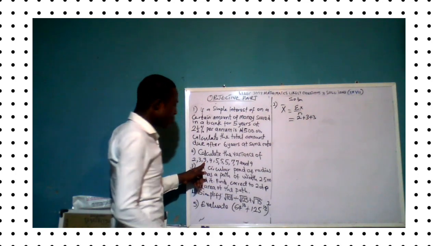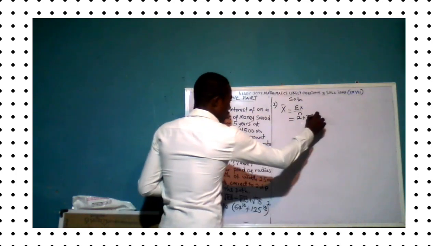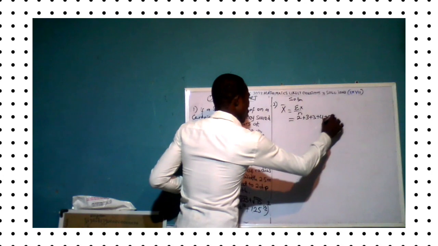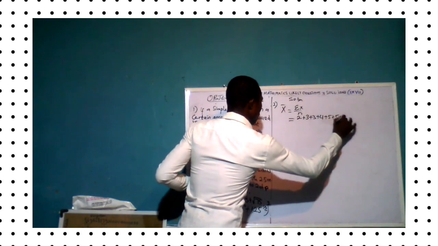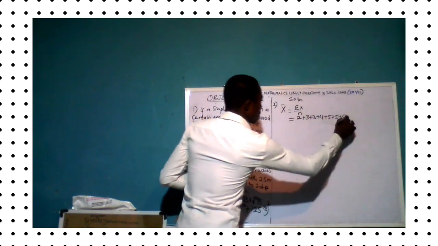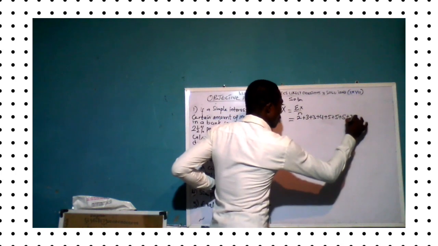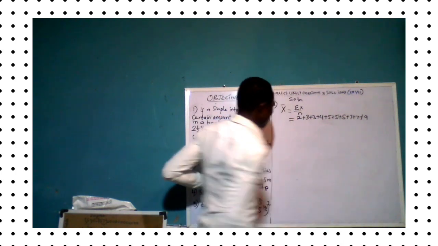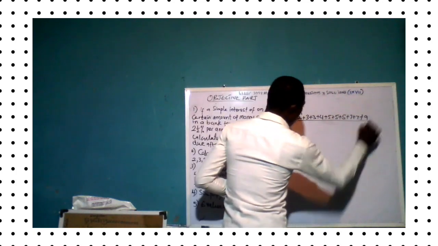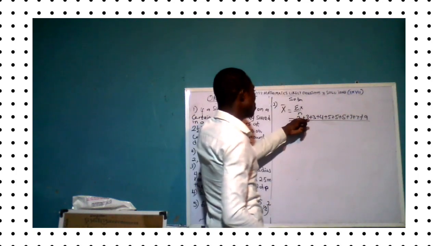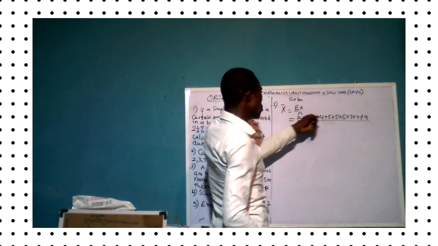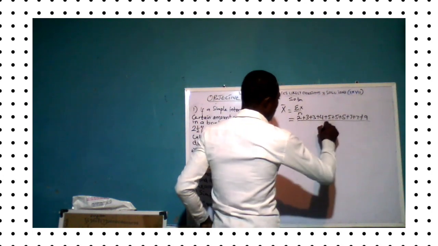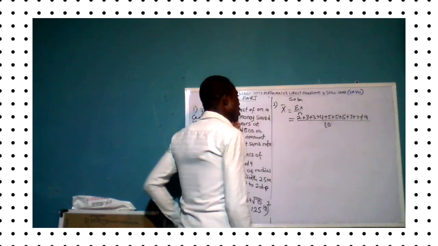You add up each point, then plus 4 plus 5 plus 5 plus 5, plus 7 plus 7, then plus 9. Then n is equal to the number of points. Then count the number of points now: 1, 2, 3, 4, 5, 6, 7, 8, 9, 10. So you have 10 points. Therefore, your n is equal to 10.